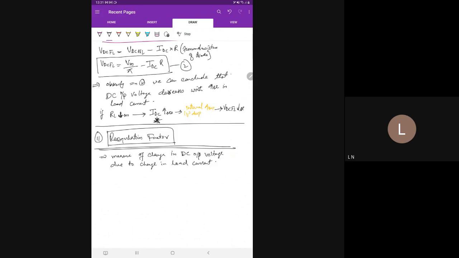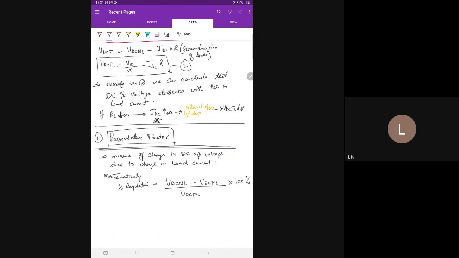Now, how much the output changes with the change in DC current is measured by a parameter known as regulation factor. Mathematically, percent regulation is equal to VDC no load minus VDC full load, divided by VDC full load, into 100.